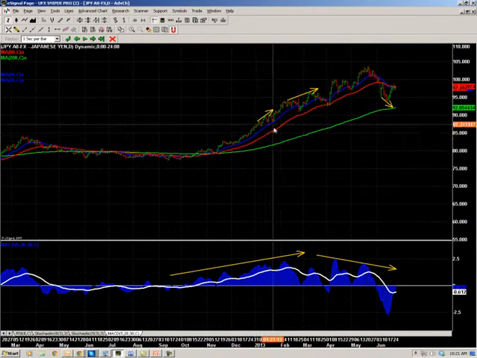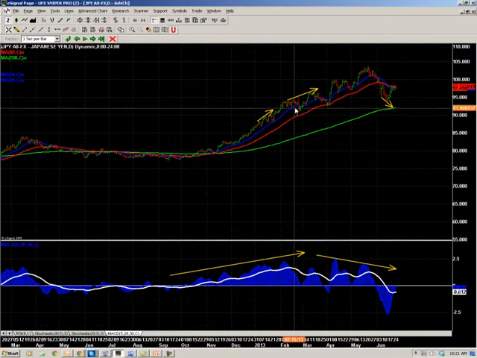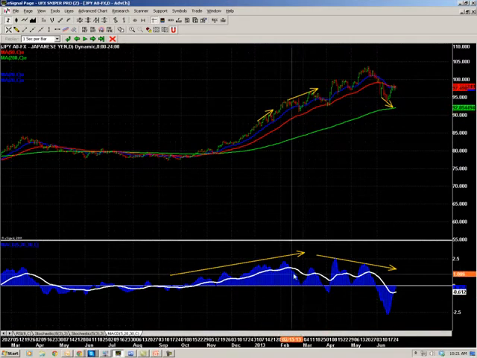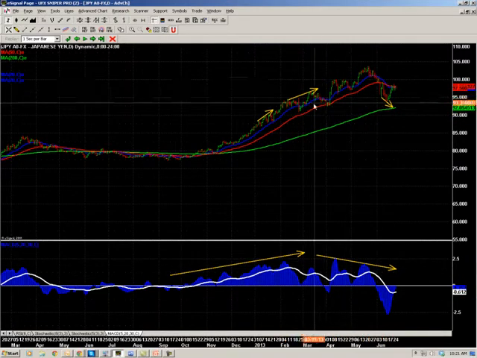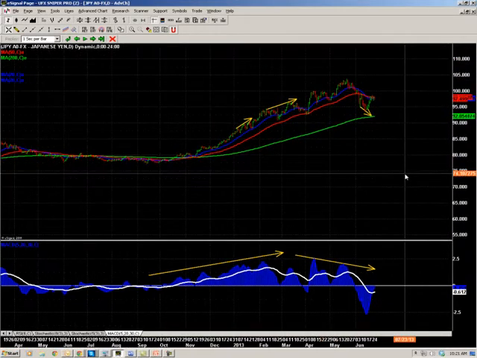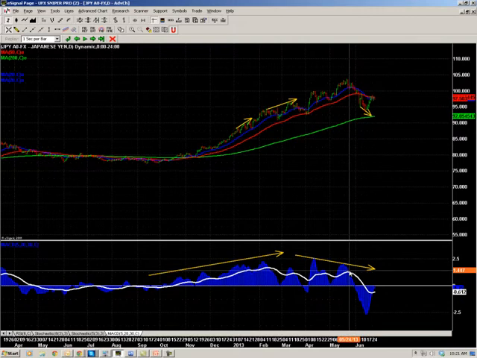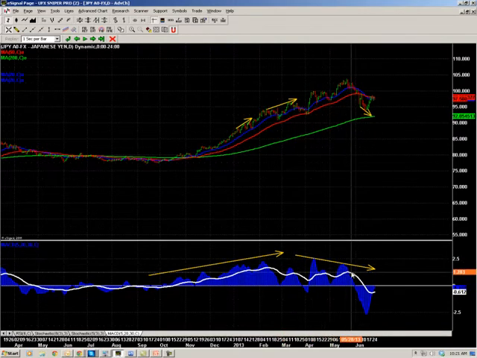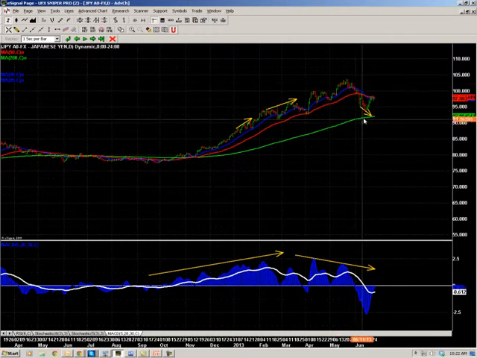So this one goes up to here, and then since here it's been running out of steam. Right, so it's not very accurate because it actually turns from here. That's when it tends to the downside.